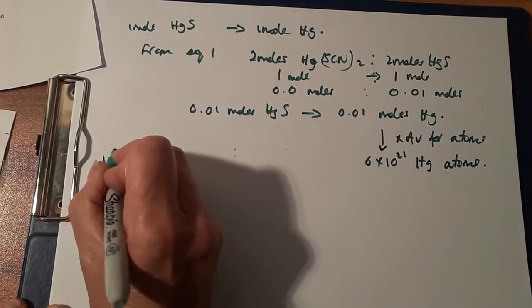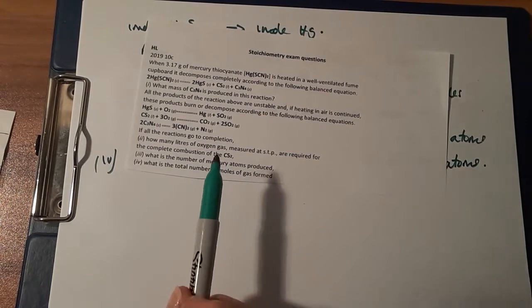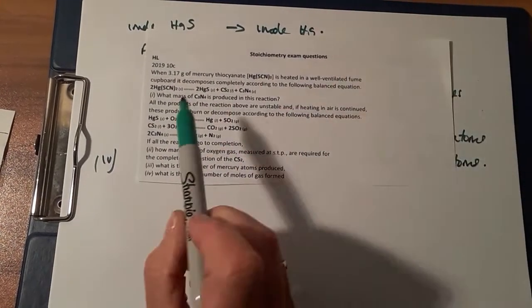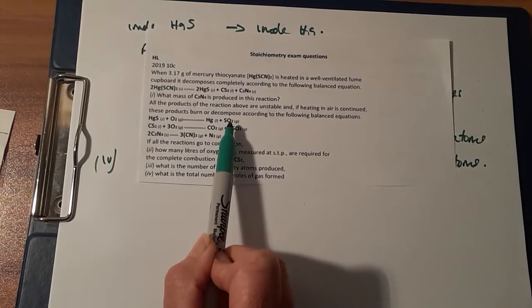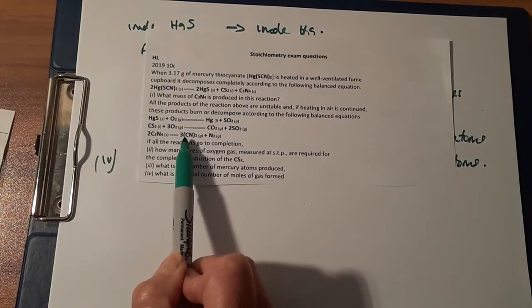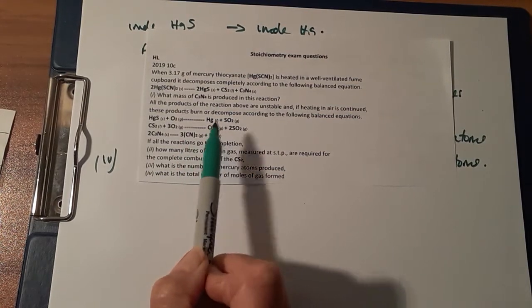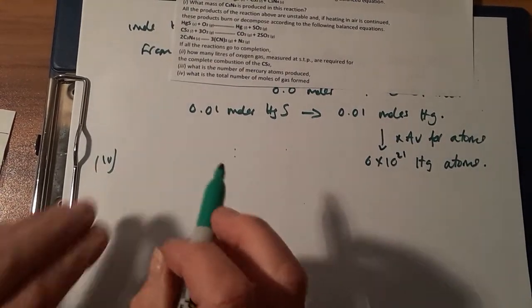And the fourth part said, what is the total number of moles of gas formed? Okay, so these were your 3 products, and those 3 products went on to produce SO2, CO2, SO2 again, CN2 and N2. Okay, right. So moles of gas, let's have a look.